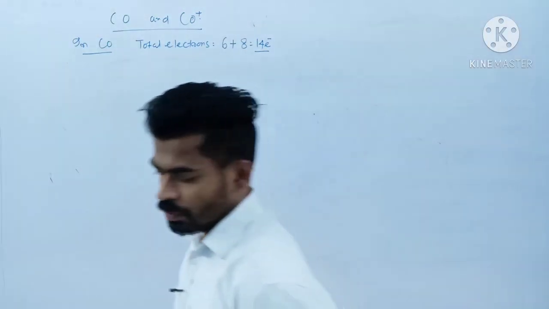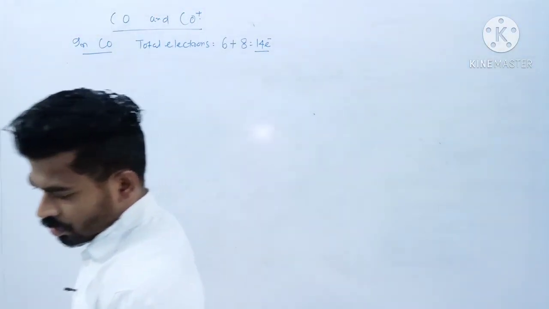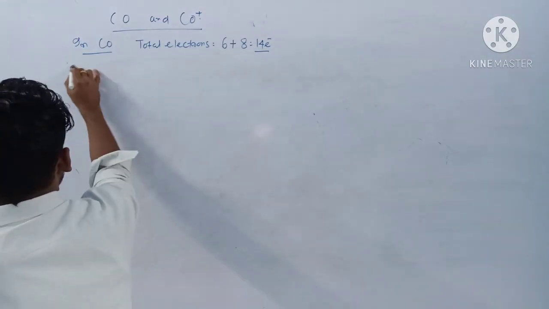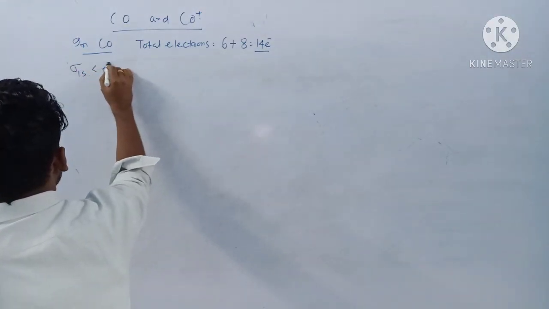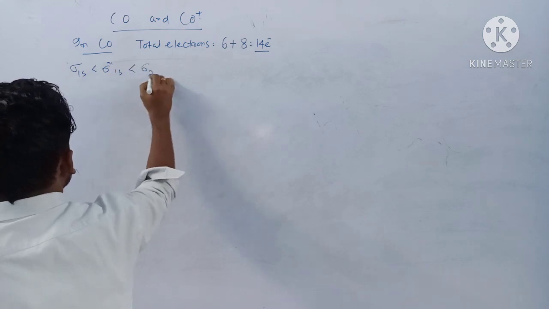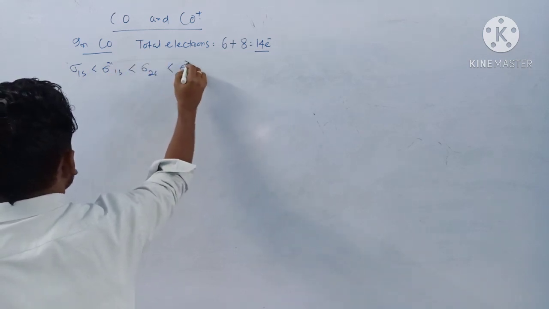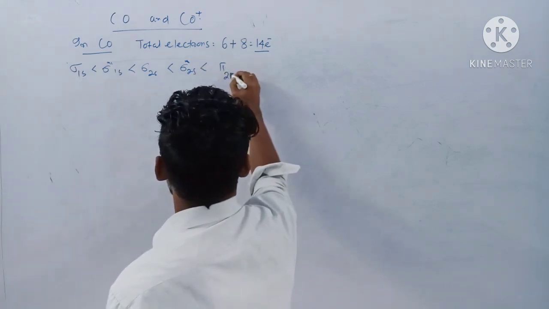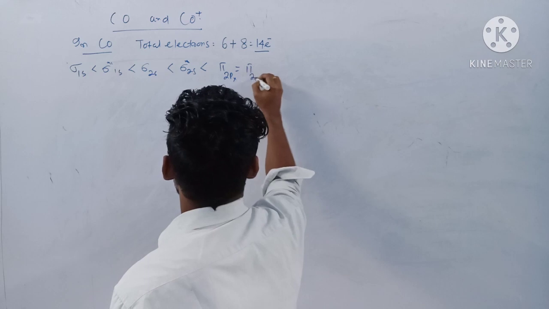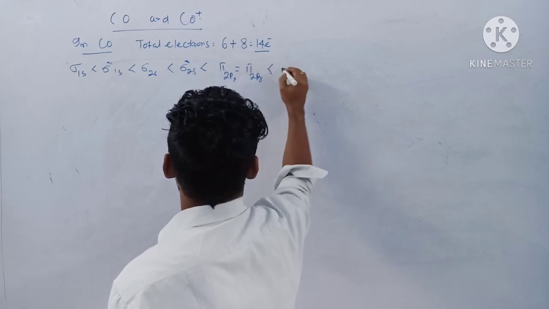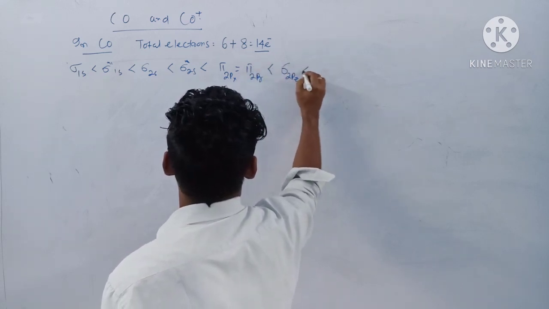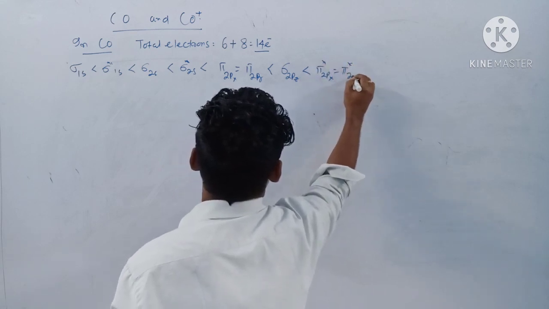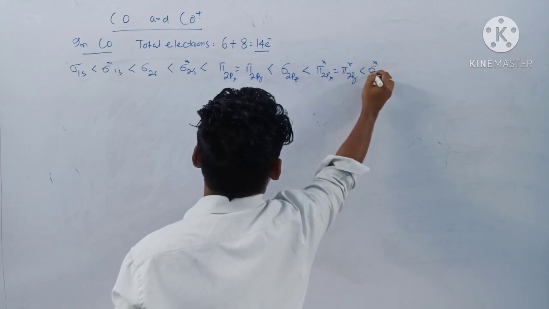That clear? So for 14 electrons the electronic configuration can be written as sigma 1s, sigma star 1s, sigma 2s, sigma star 2s, next pi 2px, pi 2py, next sigma 2pz, pi star 2px, pi star 2py, sigma star 2pz.